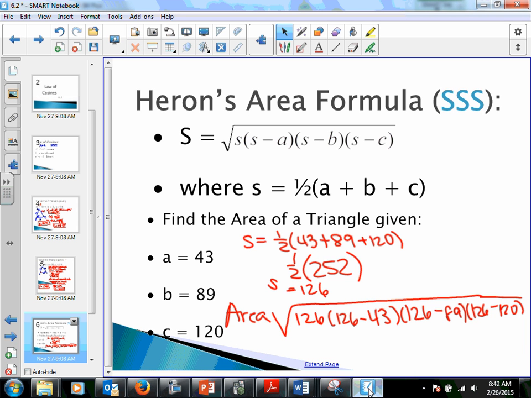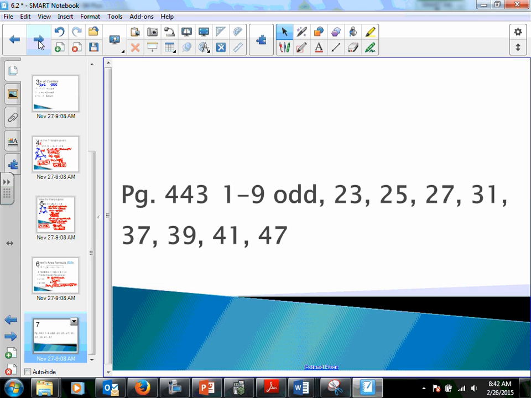Okay. So your homework is here. What I'd like you to notice is that tomorrow we are going to review our law of sines and law of cosines together. Basically, I'm going to give you a triangle. You're going to have to make the decision, which formula do I use, and solve it.